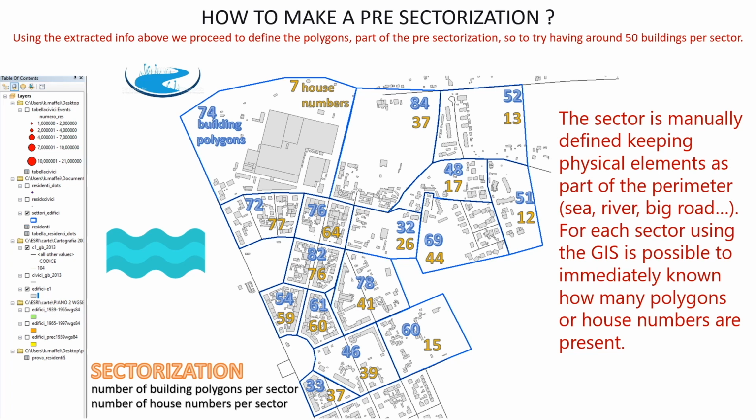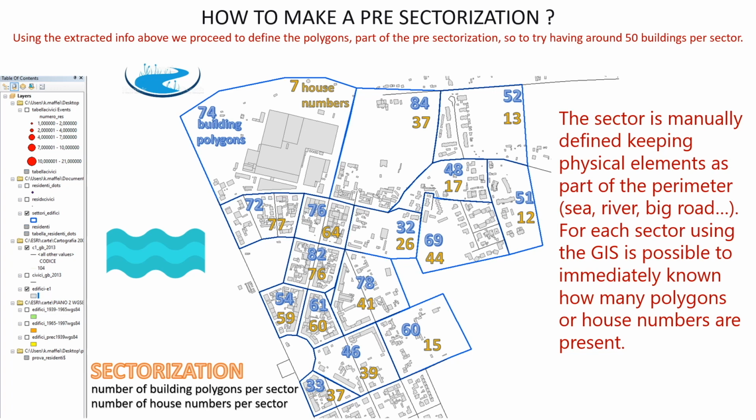The pre-sectorization for sure has to follow some main golden rules, meaning to avoid cutting physical elements such as the sea, rivers and main roads, and to try to have a single sector with the buildings inside, without the sector being split by main roads and other physical elements.